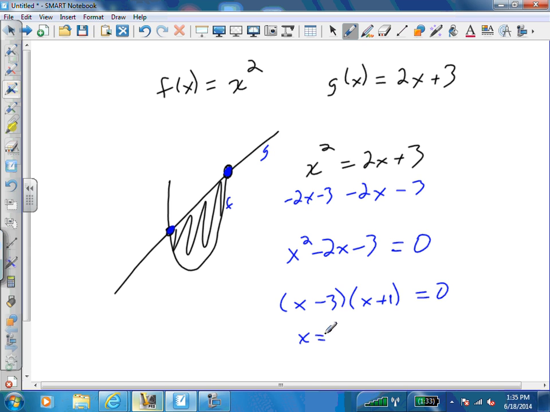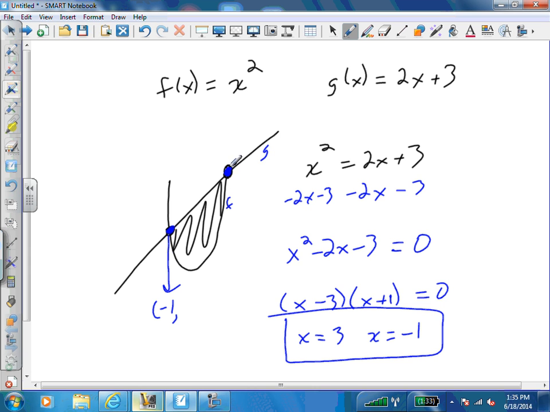Set those equal to 0, so we get 3 and negative 1. Those are our points of intersection. So here, our x is negative 1. Here, our x is 3.